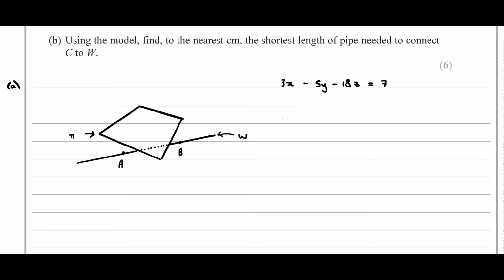And if we were to put that in equivalent vector form, we have r dot product with the normal (3, -5, -18), and this is equal to 7.